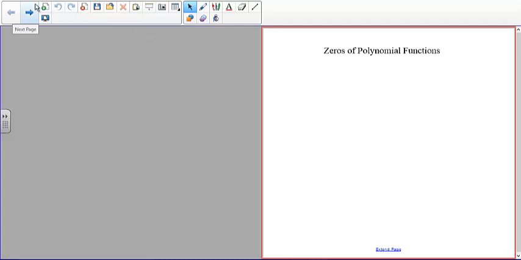Now, one thing to point out is a lot of times in this class, the zeros are integers or rational numbers, but a lot of times they're not. So don't think all solutions will be like these.